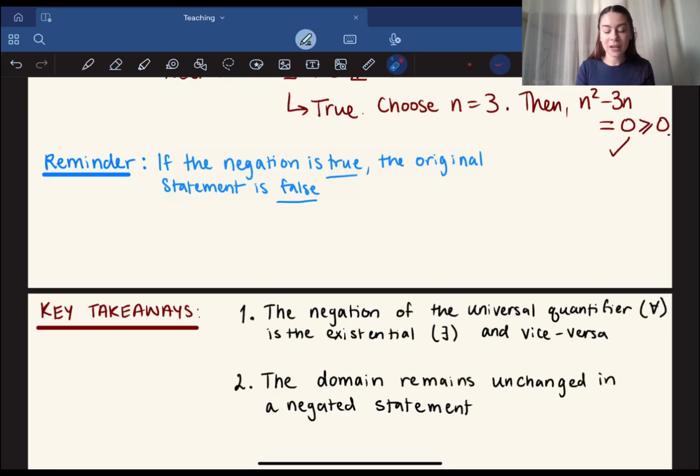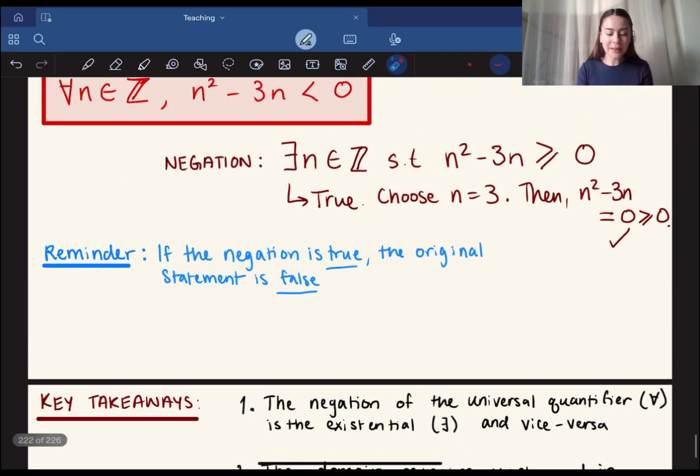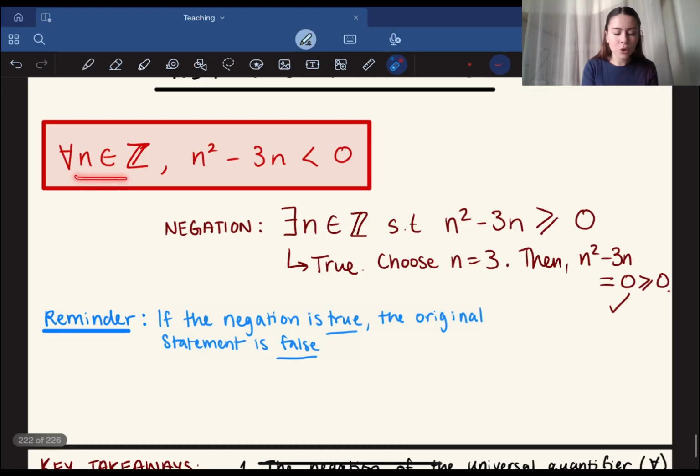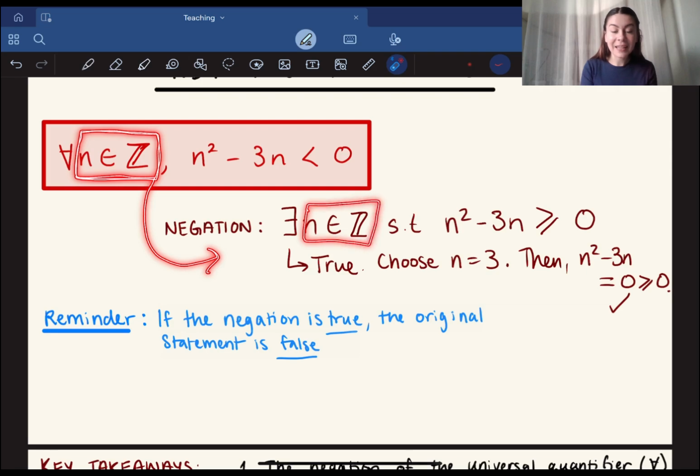Okay, and another key takeaway from here is that the domain remains unchanged in a negated statement. What I mean by that is that we have this domain here. This domain tells us that n, our variable, is in the integers. And if we look at our negation, n is still in the integers.